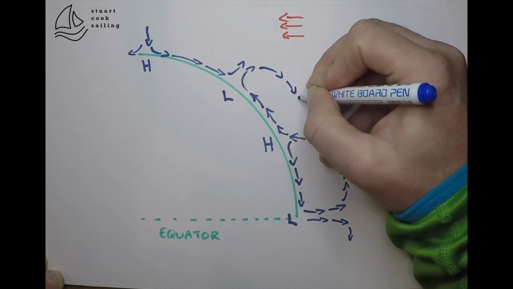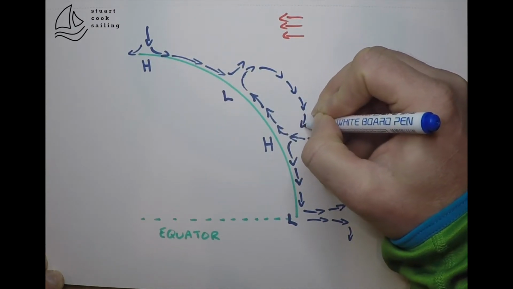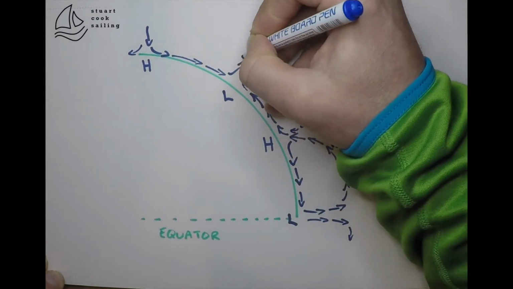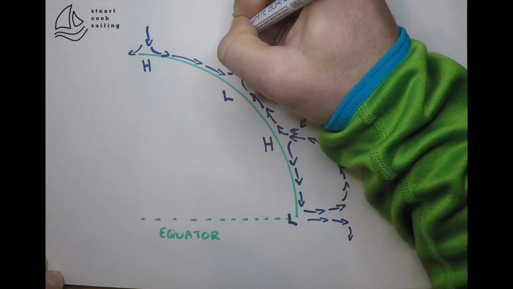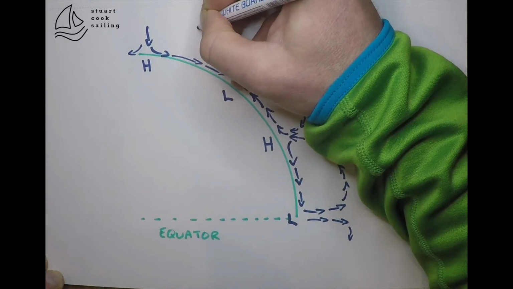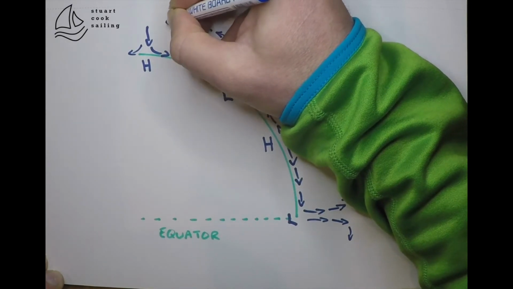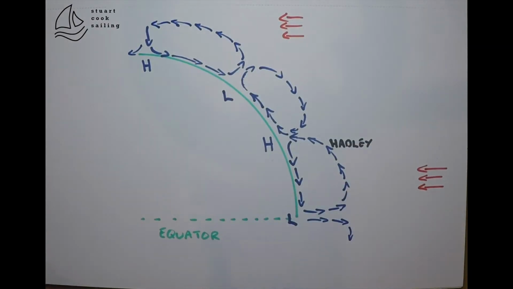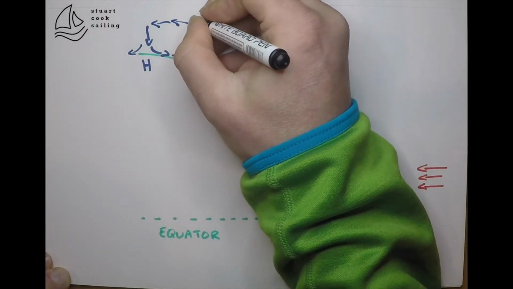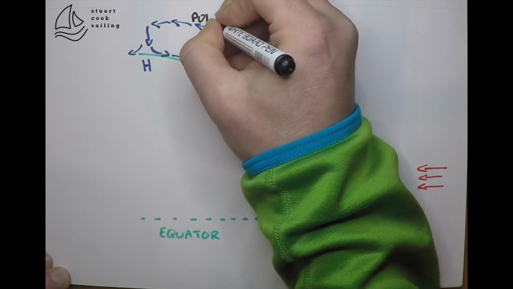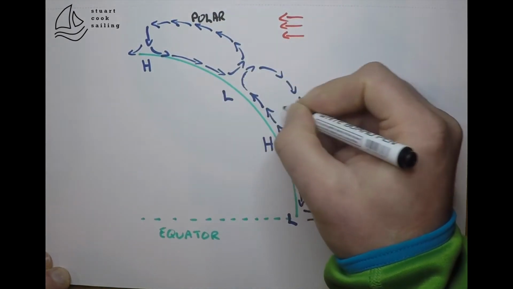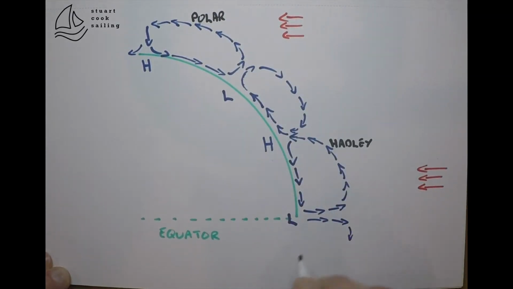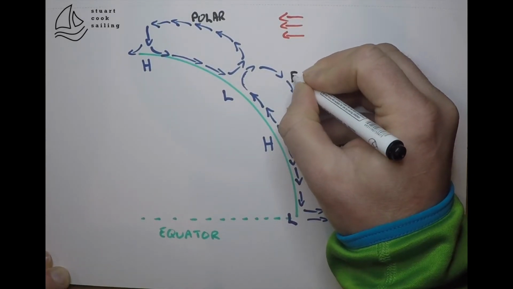And so we have the completion of our main air circulation cells, our main air distribution cells. The furthest north cell is our polar cell, and the cell that links the polar and the tropical Hadley cell is the Ferrel cell.